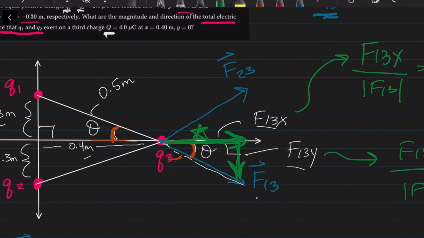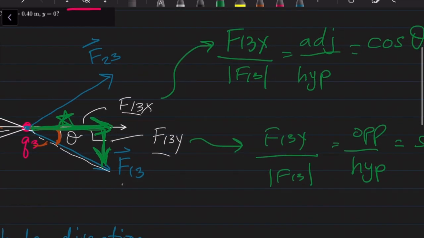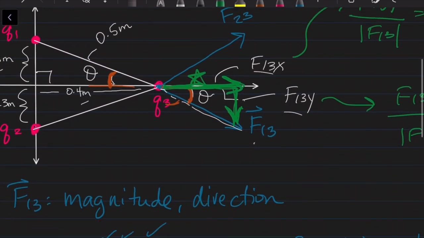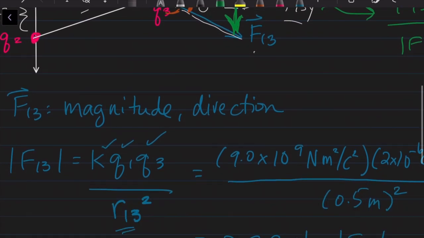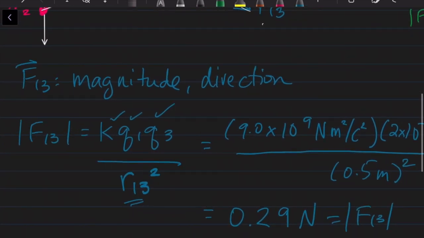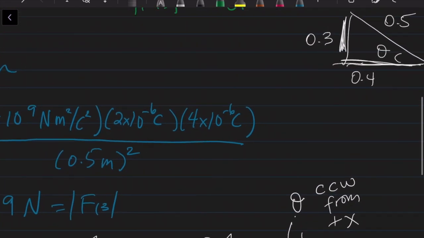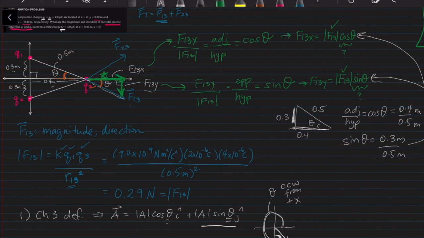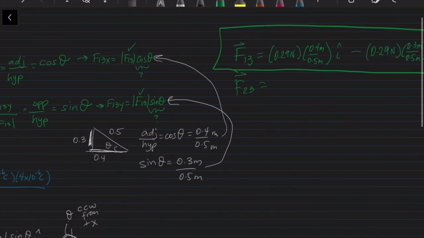So what I want you to notice first is the magnitude of F23 and compare it to F13. Here's F13: the magnitude of F13 is k Q1 Q3 over R13 squared. Well, what about the magnitude of F23? Let's go look at it: k Q2 Q3 over R23 squared.